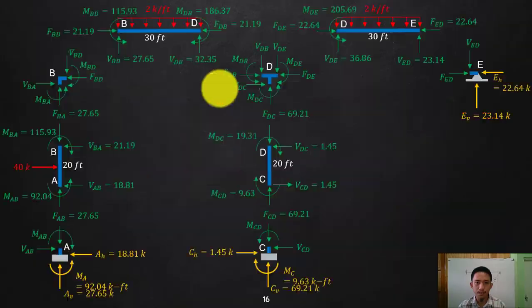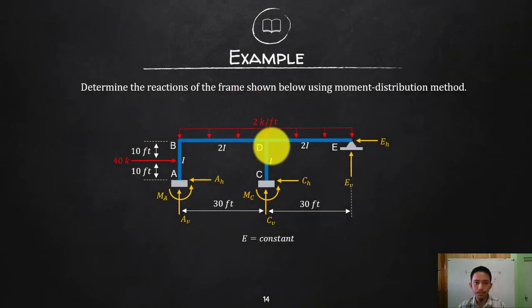And then on joint D, okay, so D going to B, D going to C, D going to E. For this, that is the same as the stiffness here since that is continuous there. So 2I over 30, 1 over 15.